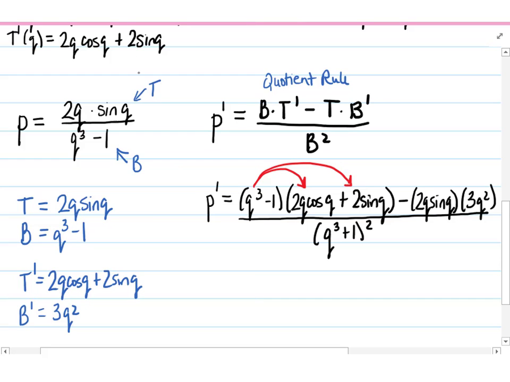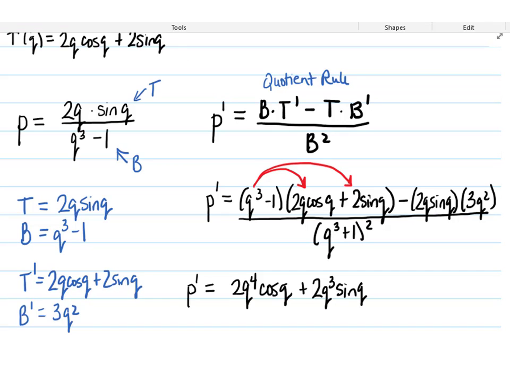So when we do that, we're going to get p prime equals q cubed times 2q is going to be 2q to the 4th cosine q, and q cubed times 2, so we're just going to have plus 2q cubed sine q. And then now distributing the -1 to each term, we're just going to get the opposite.